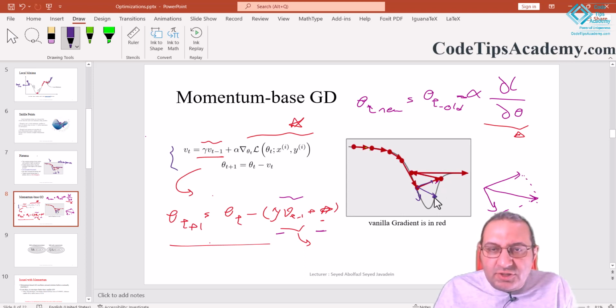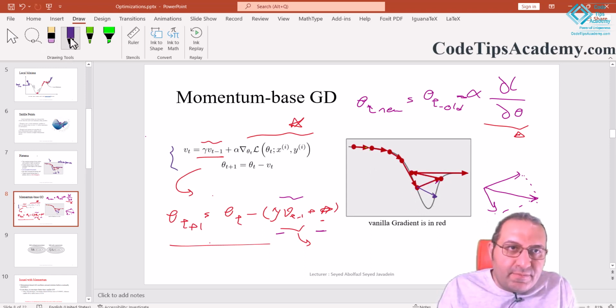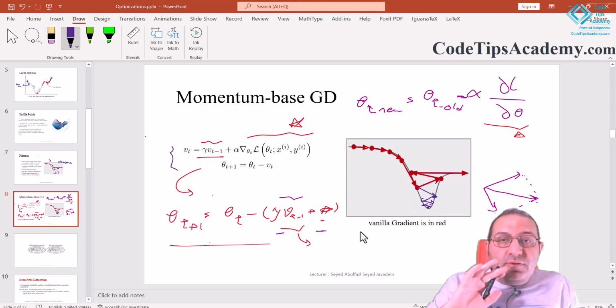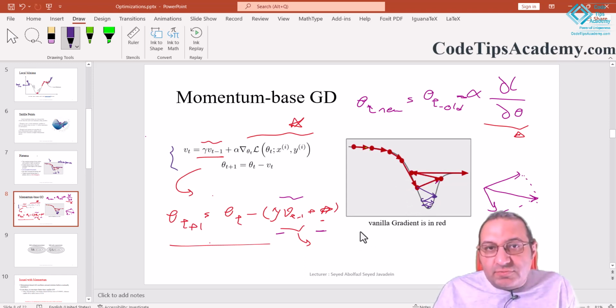It means that we reach here, and after some oscillation we reach the global minima. This is one way.